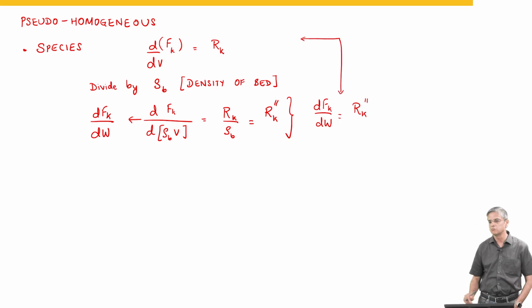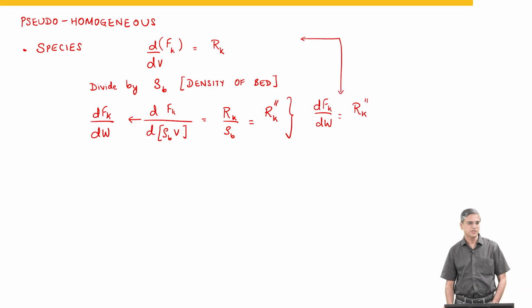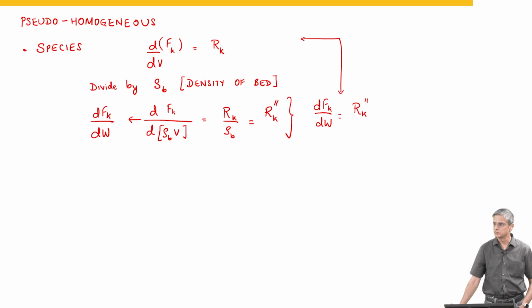This and this are equivalent to each other, something we had very briefly talked about in the first module. Essentially that's the same.